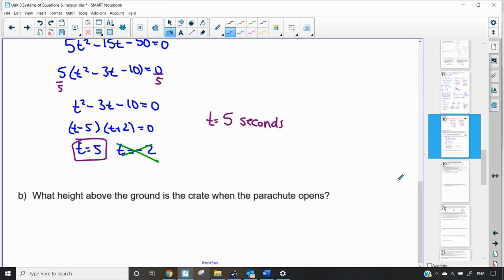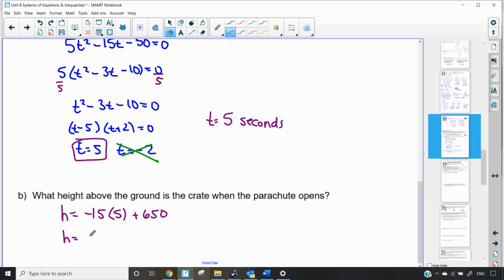Now, the next question asks, what height above the ground is the crate when the parachute opens? We're being asked specifically about the parachute opening, but if you recall, the crate is at the same height when it's free falling as when the parachute opens. So we can use either equation. I've chosen to use the parachute equation. So I have h equals negative 15 times 5 plus 650.